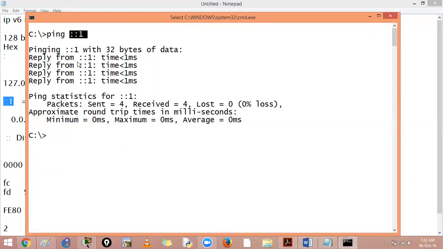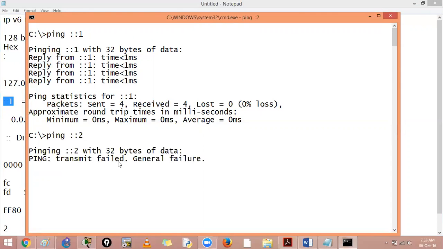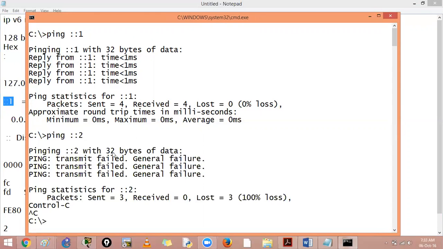Since the millennium started, all adapters are IPv6 enabled, so it will always reply. If I ping ::2, it will not give me a reply because it is not reserved for testing. Only this one IP address is reserved for testing purposes.